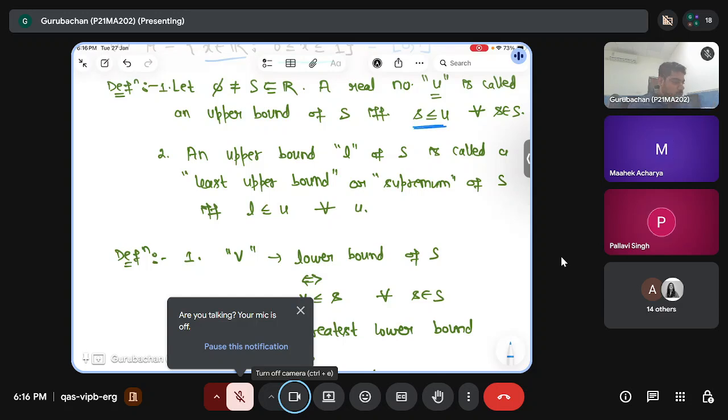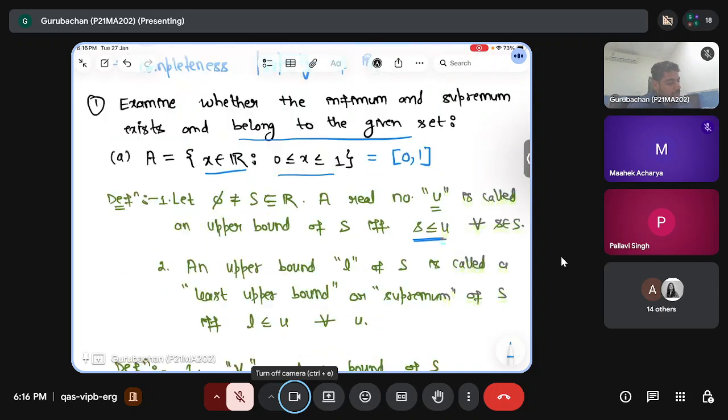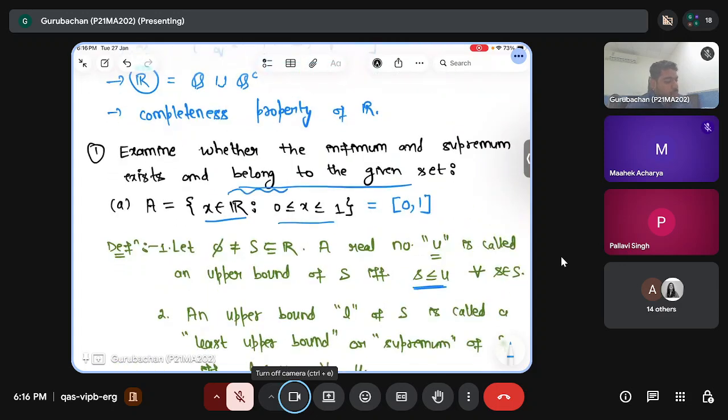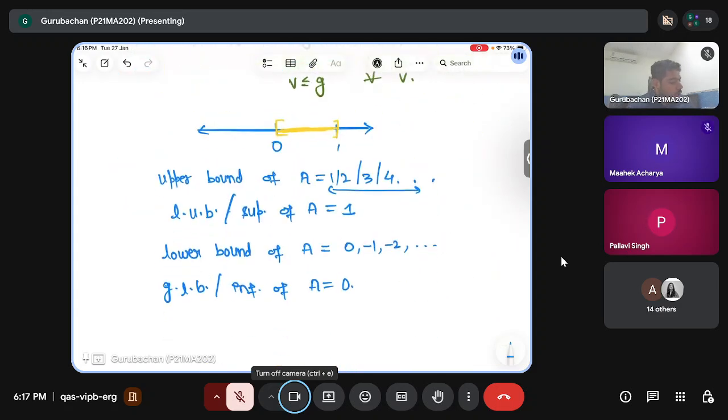Either it has to be equal or it has to be greater than all the elements. That is why we are also asking whether the existing infimum or supremum belongs to the set or not. So here the conclusion is it belongs to our set.